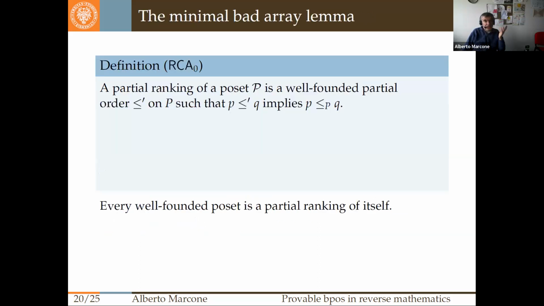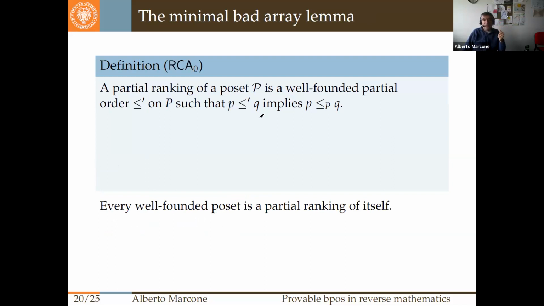And with this notion of P-array, we can give a definition of a minimal bad array and state the different forms of a minimal bad array lemma. So it's minimal in which sense? You add to the partial order another partial order, less than or equal prime, which is well-founded.